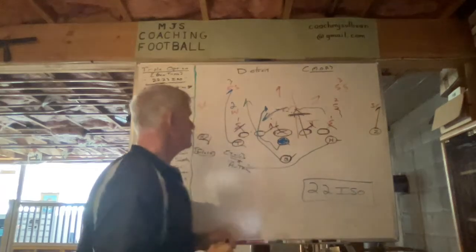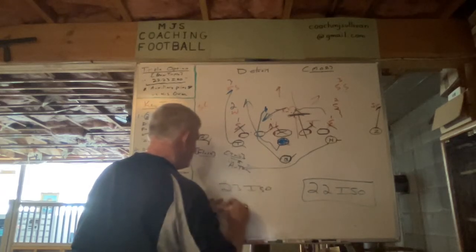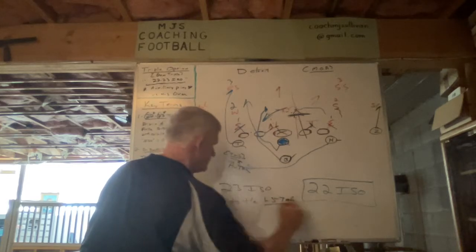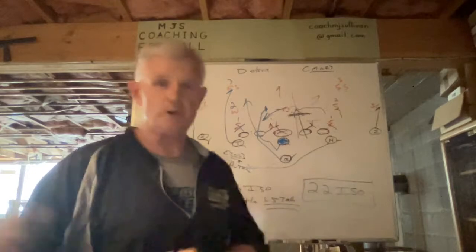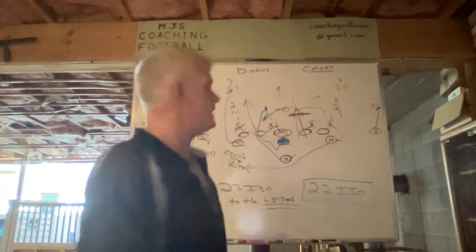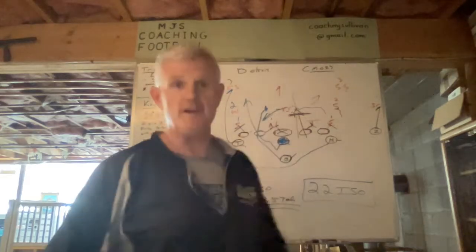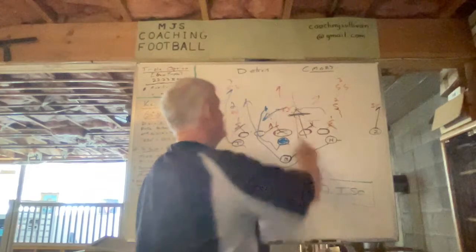Right? Just reverse it. So when you do run it to the 1 and the 5, so 23 ISO to the 1 and 5 technique, it's a guarantee, and you just got to make sure you train and rep it with your B backs. The B back will be blocking the Mike because he does fit in the B gap. He is a B gap dive defender.